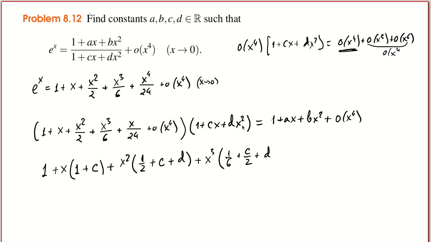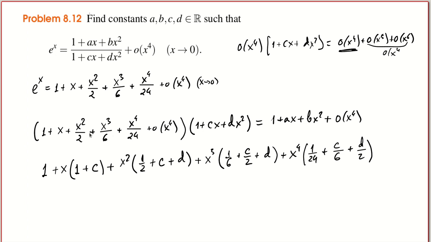Then x^4, you get it when you multiply x^4 over 24 times 1, so the first factor is 1/24, plus this times this, c/6, and then this times this, d/2.